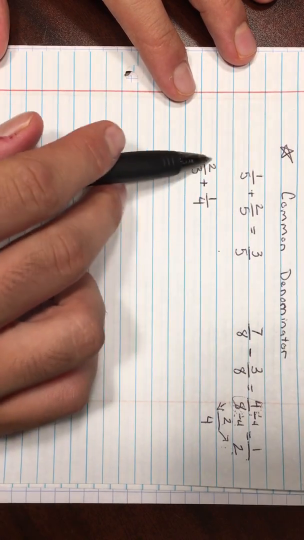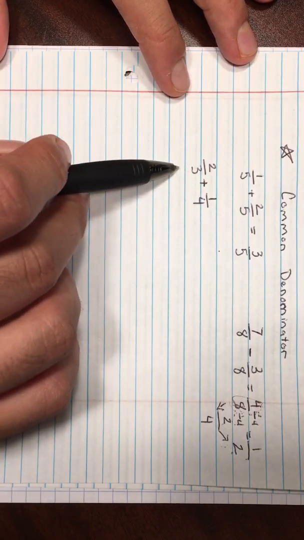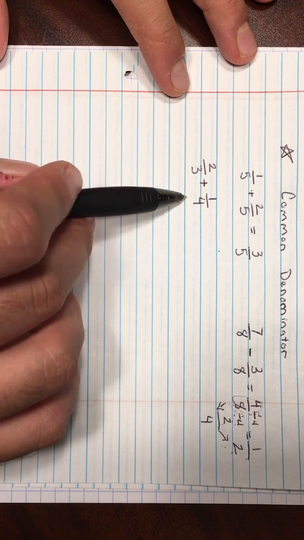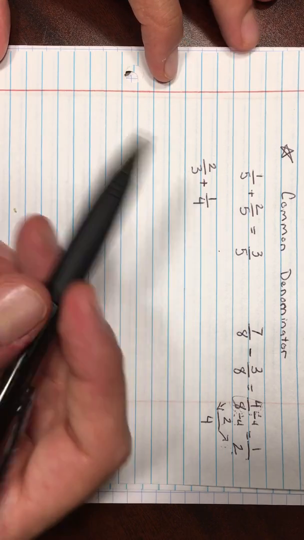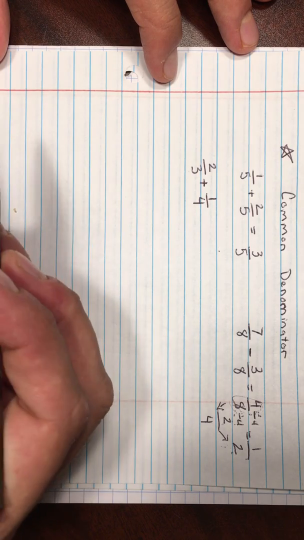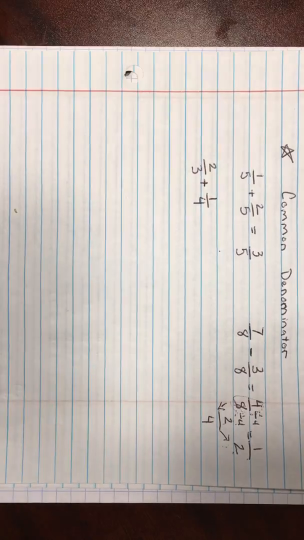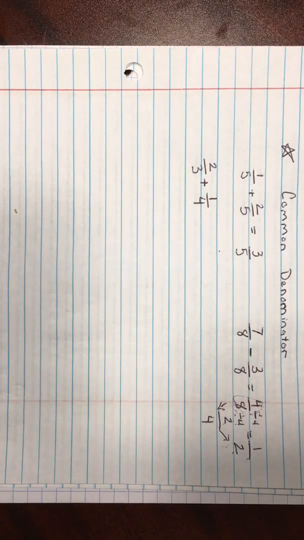You can't add them together, or if it was subtraction, you couldn't subtract them if these are not the same. So what we have to do is make them the same. We have to think of a multiple of 3 and 4 that they have in common. The term is the least common multiple, because the lowest number is the better one. You have to do less with that.